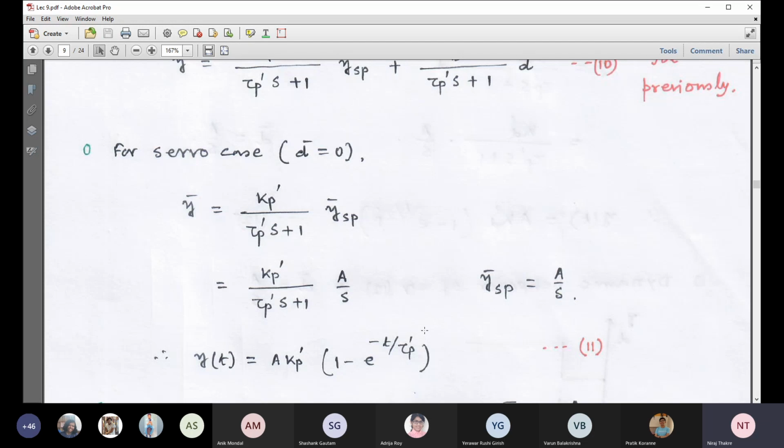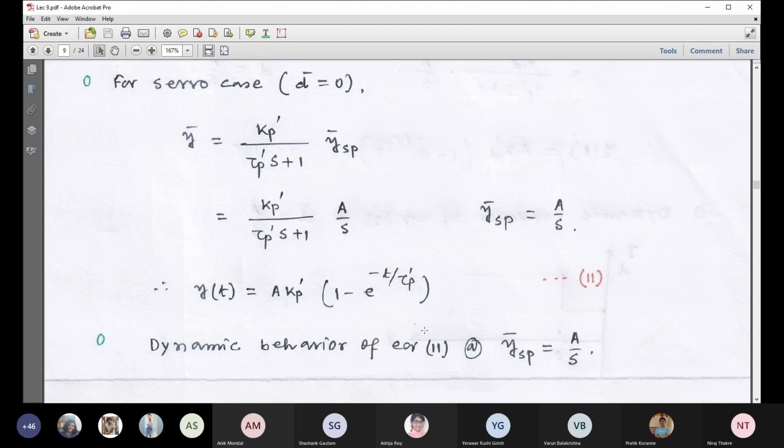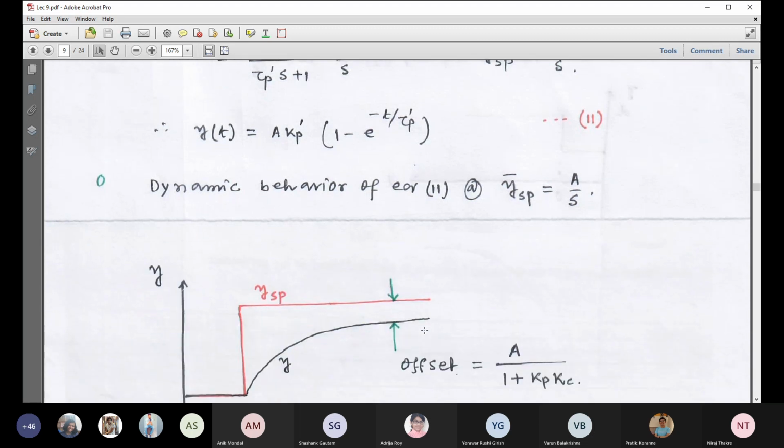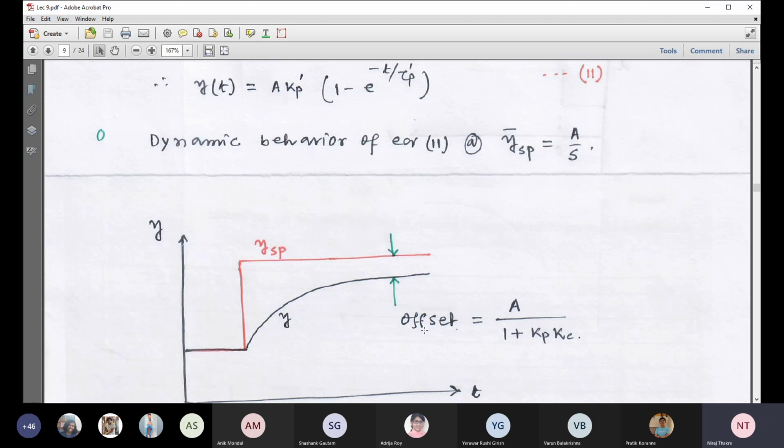Now, what is the graphical representation of this? You just draw this figure first.